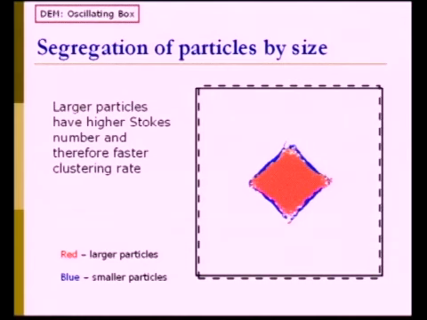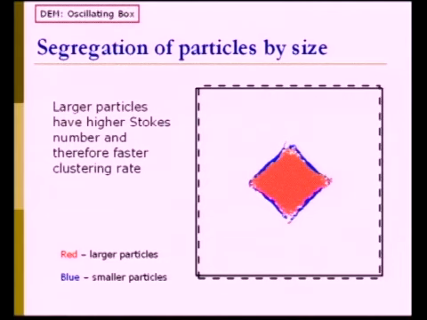You can also do this with a mixture of different particle sizes. So we looked at a case where we had these red particles which had a size about 3 times larger than the blue particles. The blue particles are the small ones, and initially I put them uniformly in the flow, so they were all uniformly distributed, and we did this oscillation for a while.